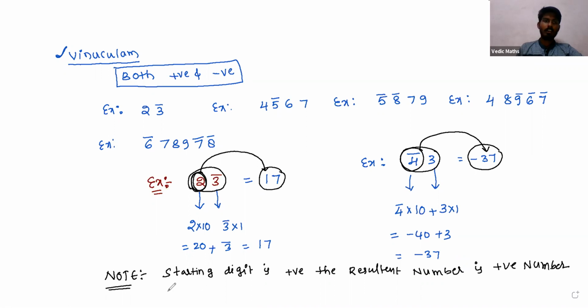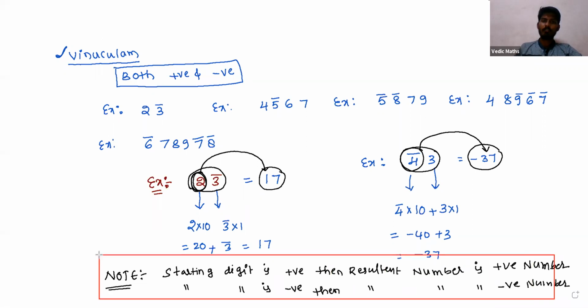Yes or no? And if the starting digit is negative, then the resultant number is a negative number. And this is also very important for the conversion. So this is the very important point here.